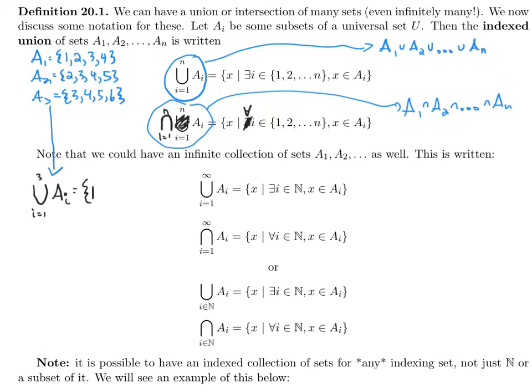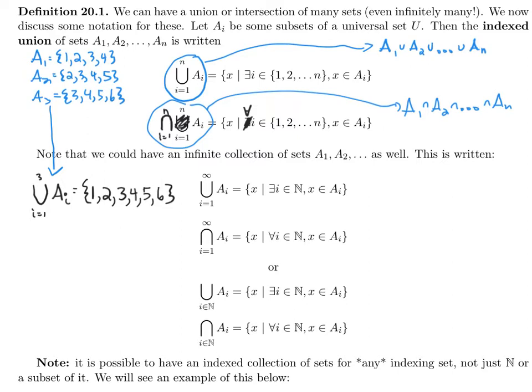It's in A2 too, but remember for unions, it just has to be in at least 1. 3 is in A1. 4 is in A1. 5 isn't in A1, but the I that exists so that 5 is in AI is 2. 5 is in A2. So 5 is in here. And finally, 6 is in here. So the union of these three sets is 1, 2, 3, 4, 5, and 6.